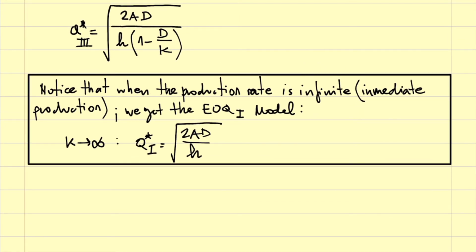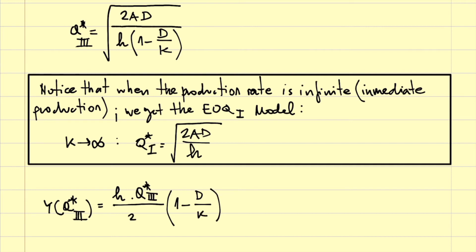Good, then we have the cost, Q star 3. We have H times Q star 3 divided by 2 times 1 minus D divided by K plus AD divided by Q star 3 plus CD. As I said before, we turn this to 0 to make things easier for us to calculate.